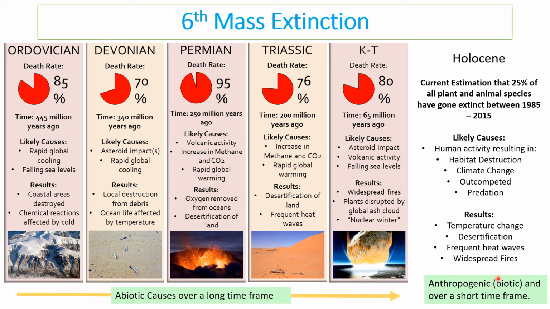And the likelihood is that humans are causing it due to habitat destruction, climate change, introducing species or outcompeting species ourselves, and predation. The results of this are temperature changes, desertification and shifts of biomes, frequent heat waves, fires, and the loss of habitat and biodiversity.